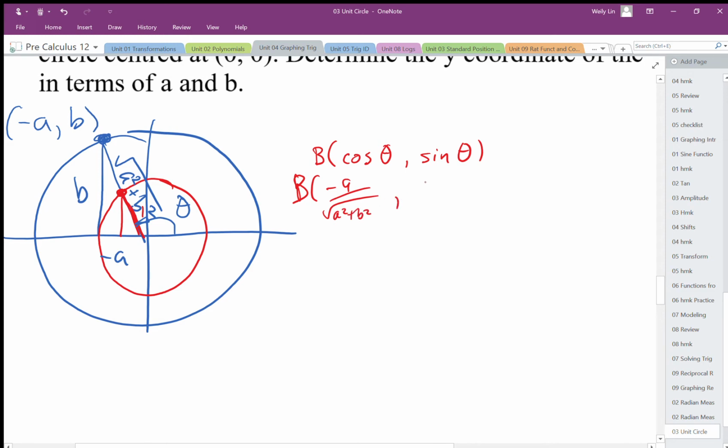And this is going to be B over the radius. And that's it. There's my point B. I could also think of this as I need to scale this down by a factor of that radius here. So it's going to be this ratio of this line to the red line. And essentially I'm just going to divide by the square root of a squared plus b squared, which is essentially what I've done here with those x and y coordinates.